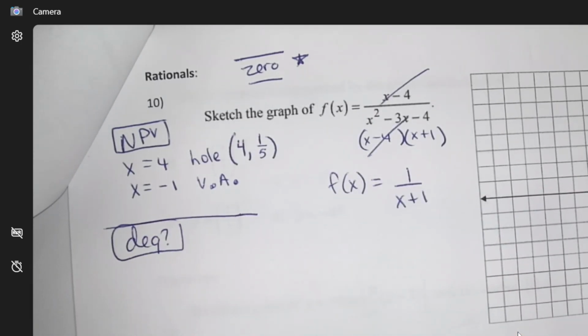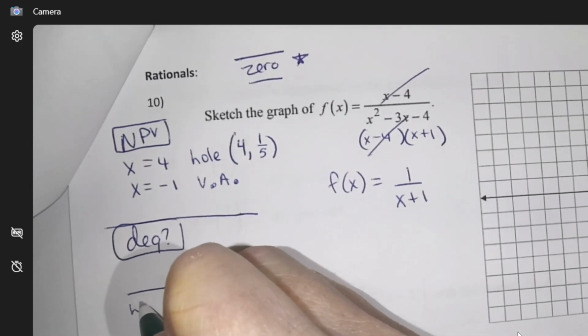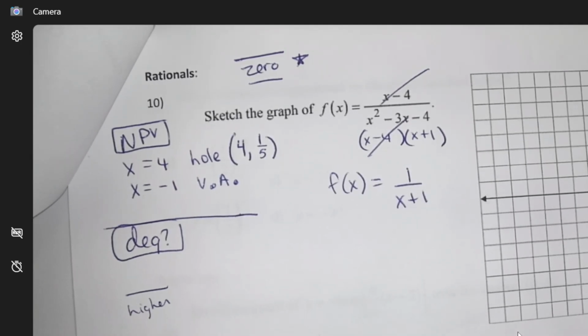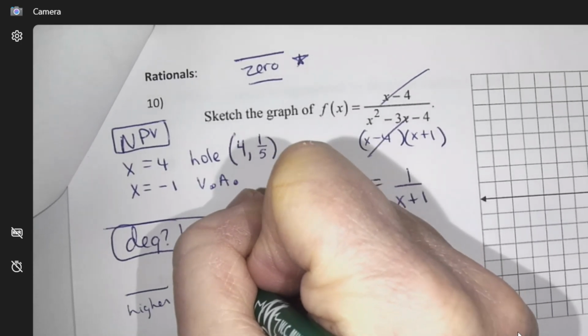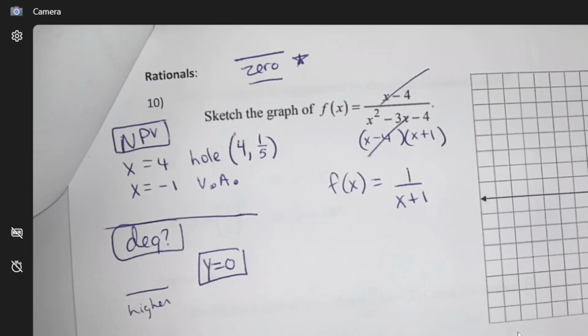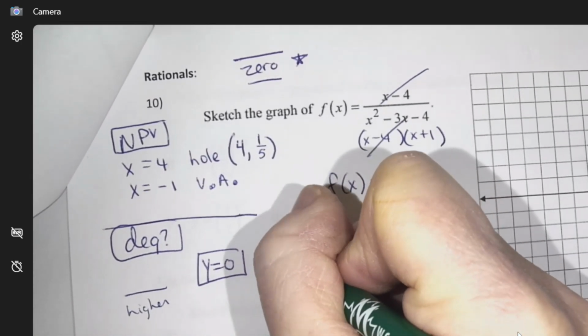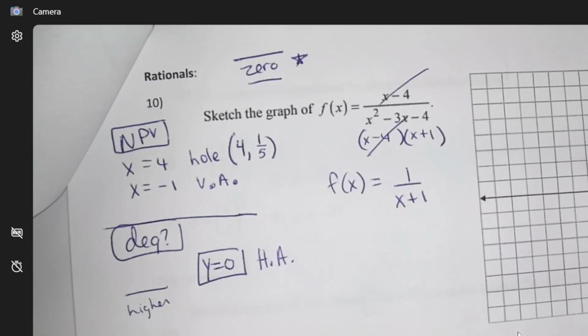Okay, now we have to do the degree work. What do you think? Are we same, higher, somewhere? We had higher degree on the bottom. So what do I know about my number value? If you have a higher bottom, you get smaller and smaller and smaller. This is called a horizontal asymptote. If the degrees are the same, you divide coefficients and you're going to have a horizontal asymptote somewhere.